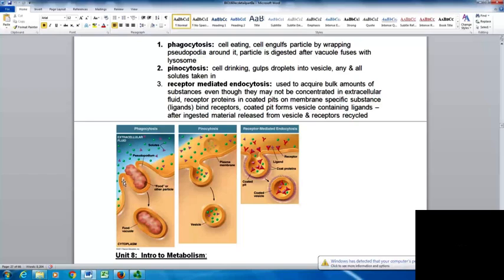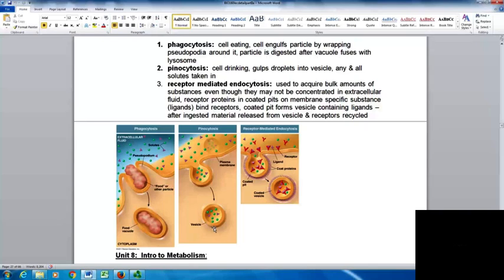The particle is then going to come in, and it's going to be digested after this vacuole fuses with the lysosome. With pinocytosis, this term means cell drinking. Here you've got droplets that are going to be taken into the vesicle. The solutes that are in those droplets would be taken in as well.